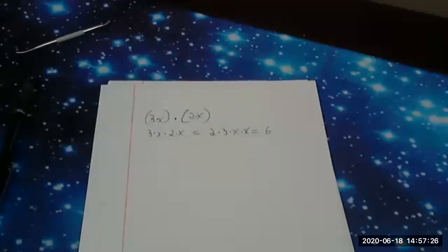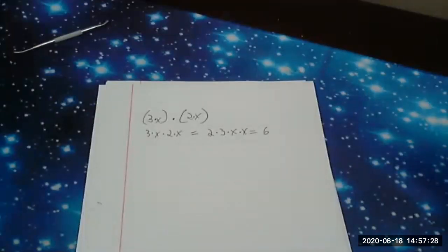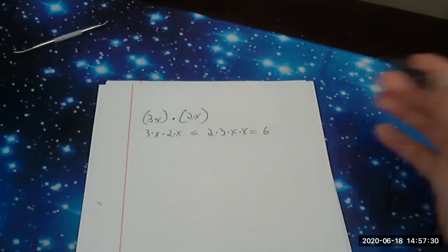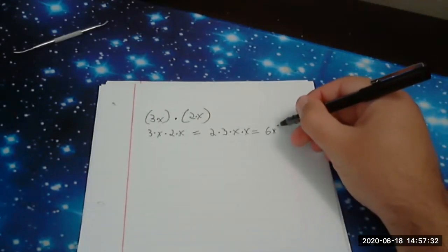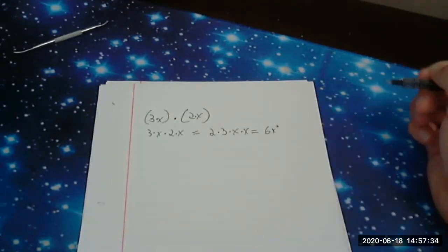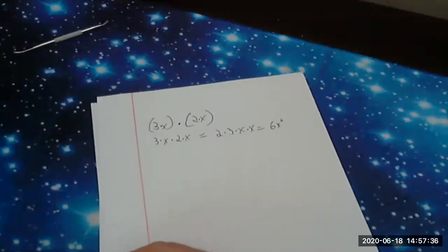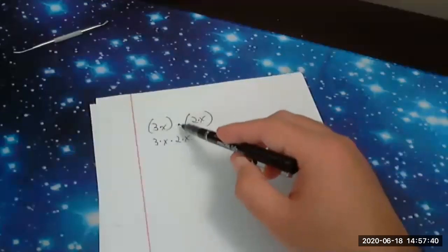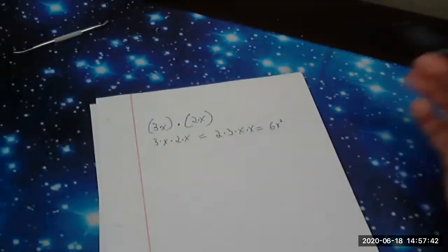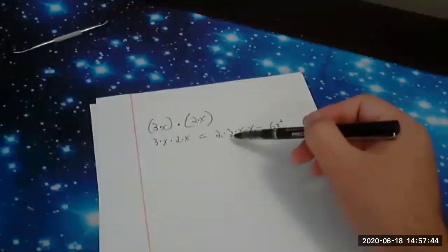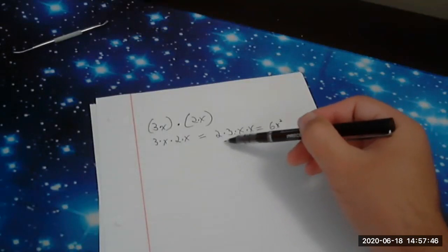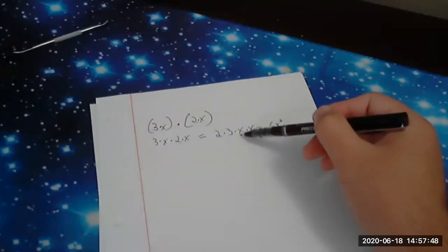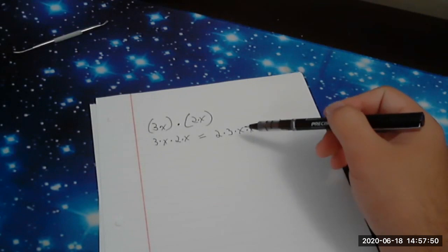Yeah. So this is 6, and there are 2 x's, and that's how we do it. Okay, so whenever you're just multiplying simple polynomials together, you just combine the numbers together into the coefficient up front, and then put all of the like variables together.